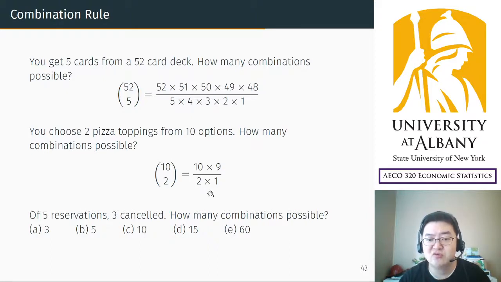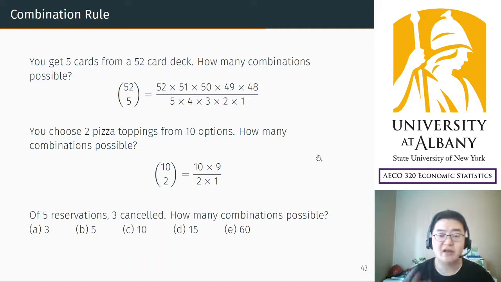There are only 2 numbers, and the numerator has only 2 numbers multiplied too. So the same number of numbers are multiplied in both numerator and denominator, decreasing from these 2 starting numbers.